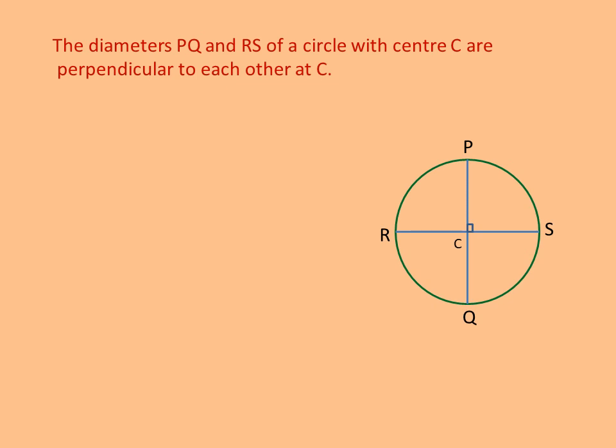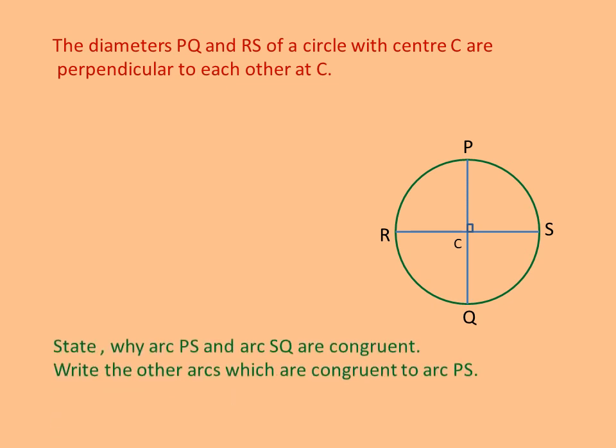And I hope you can guess the measure of each angle will be 90 degrees. Why? They are perpendicular, and at a point if one angle is 90 degrees, the remaining three also will be 90 degrees. Also, PCS is a central angle. If this is 90 degrees, their corresponding intercepted arc also will be 90 degrees.